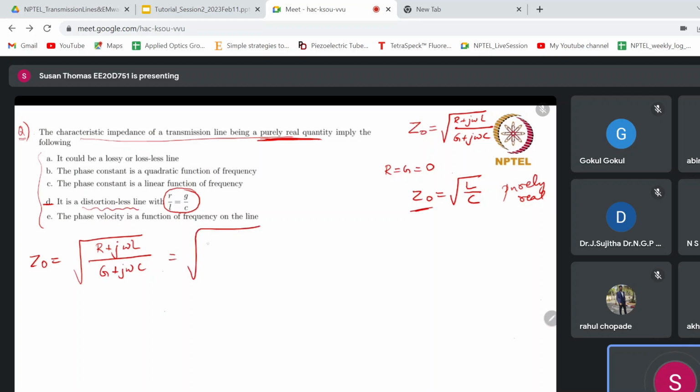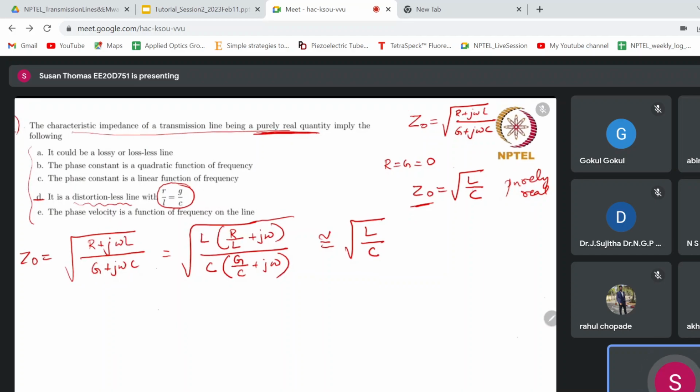Let's take out L, R by L plus j omega, and C, G by C plus j omega.